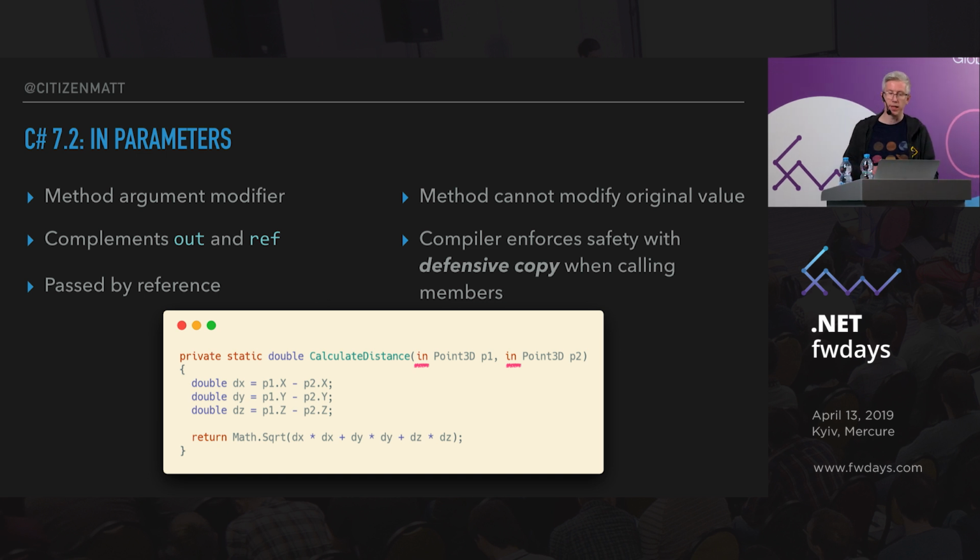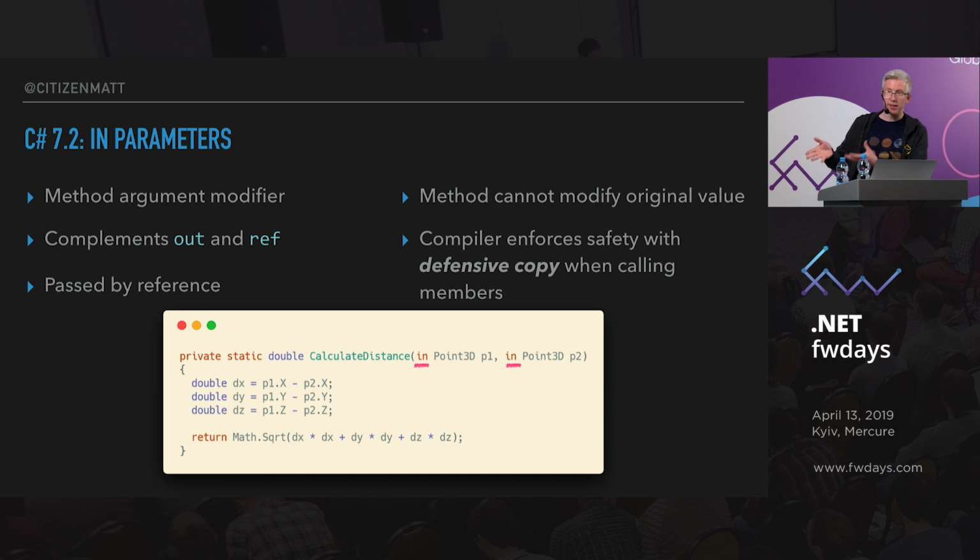We have a similar problem with another feature, which is in parameters. So we've already got the out modifier and the ref modifier for function and method arguments. We've also got the in modifier as well, and this allows us to pass a value in and treat it as read-only.